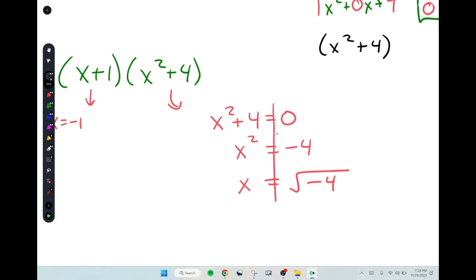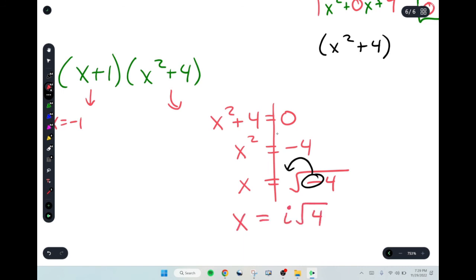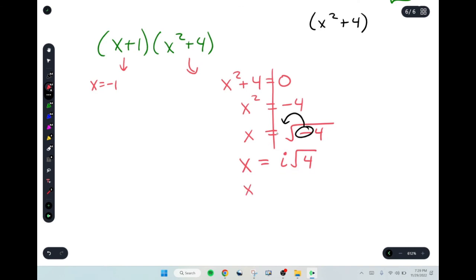Got a little hiccup here. What do we do with that number right there? We take it out. We turn it into i root 4, which is literally just plus or minus 2i.